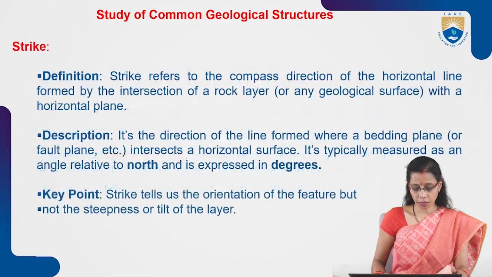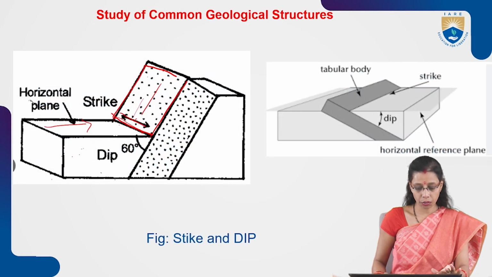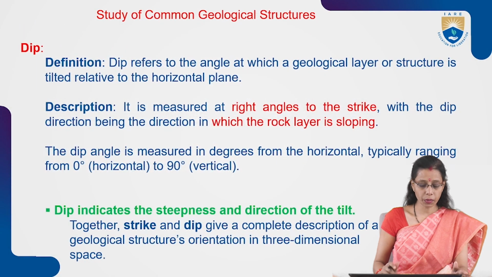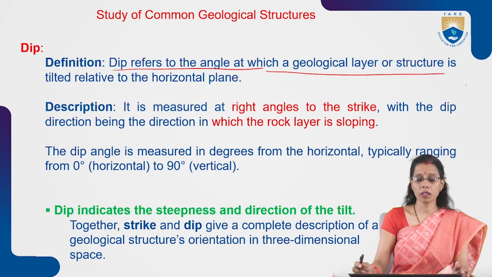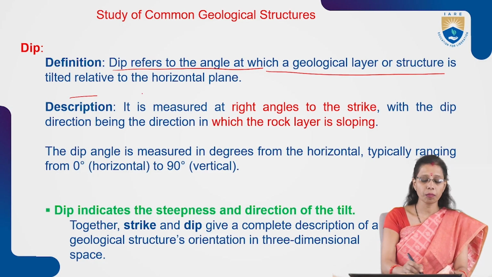Now strike is a horizontal line, whereas when you talk about dip, what is dip? Dip refers to the angle at which a geological layer or structure is tilted relative to the horizontal plane.